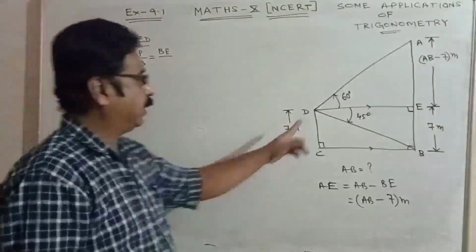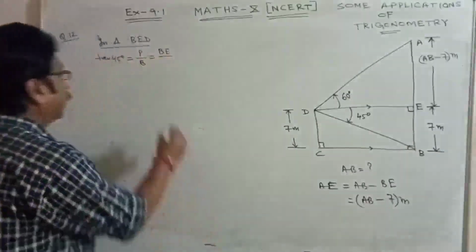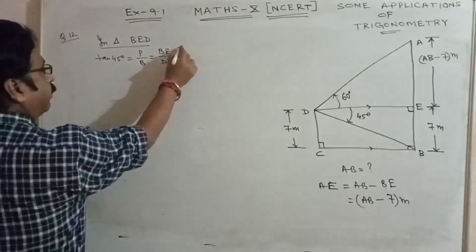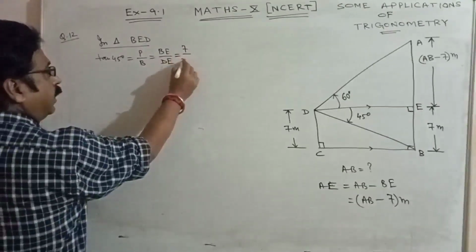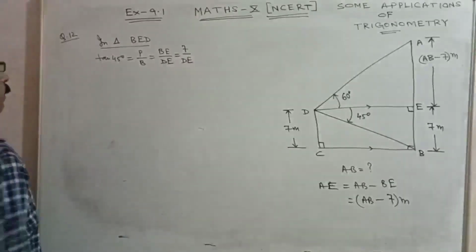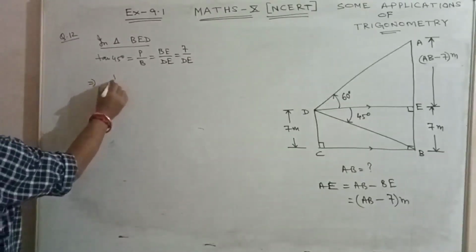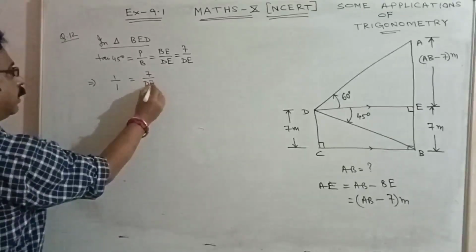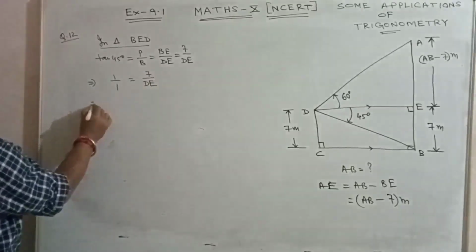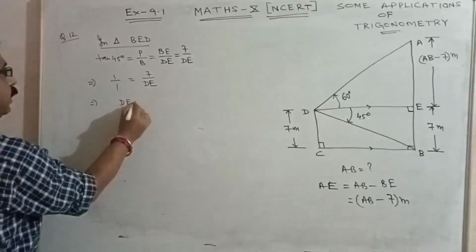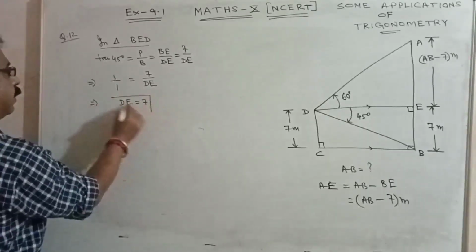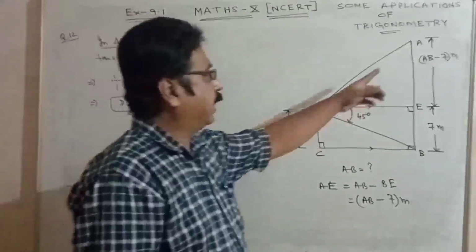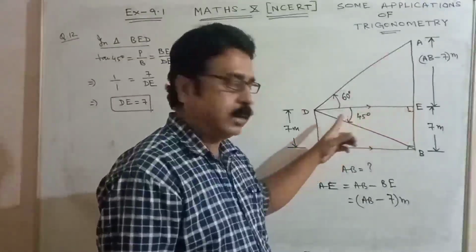Tan 45 degrees equals BE, the perpendicular, upon the base DE. BE is known to us. We can write 7 upon DE. Tan 45 degrees is 1. Write 1 upon 1 equals 7 upon DE. We got DE equals 7.